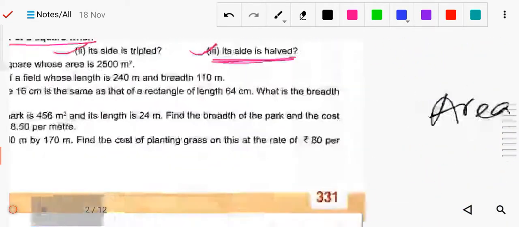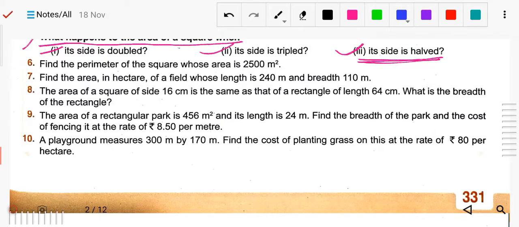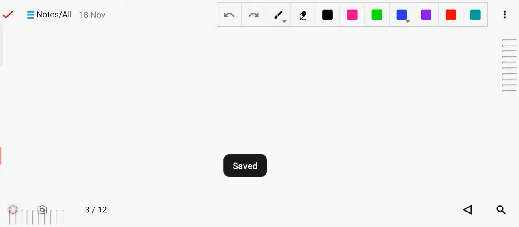Now the next question, number 6. Find the perimeter of a square whose area is given. The area is given and you have to find the perimeter. And which type of shape is it? A square. You can solve this question number 6 by yourself also.